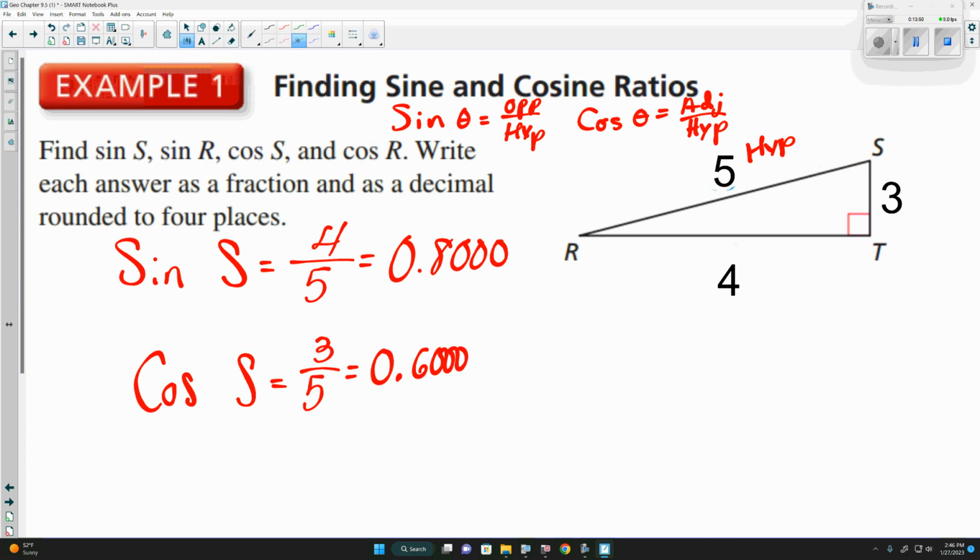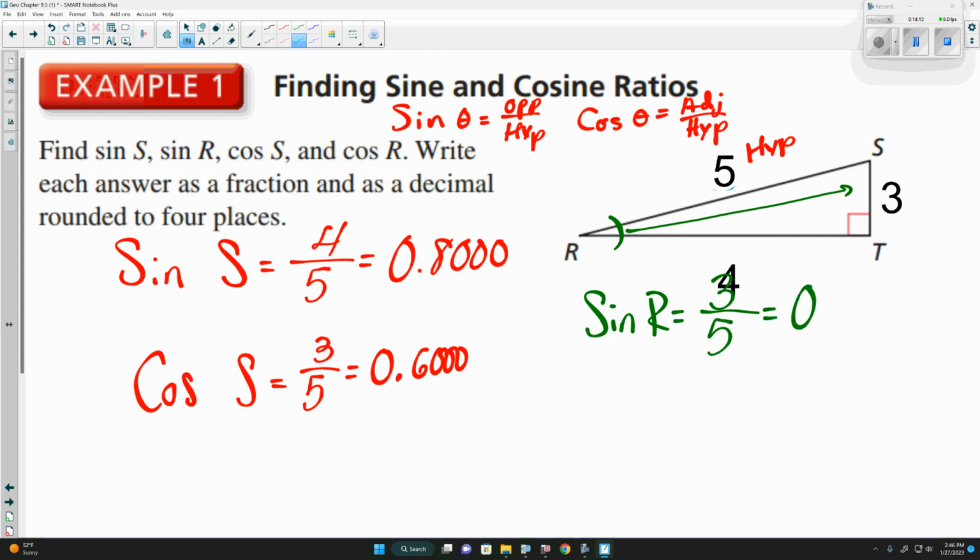Now, let's look at it in terms of R. So sine of R. So R is this angle here, yes? So which side is farthest away from it? Which will be RT, 3. So that would be the opposite side. And the hypotenuse is?